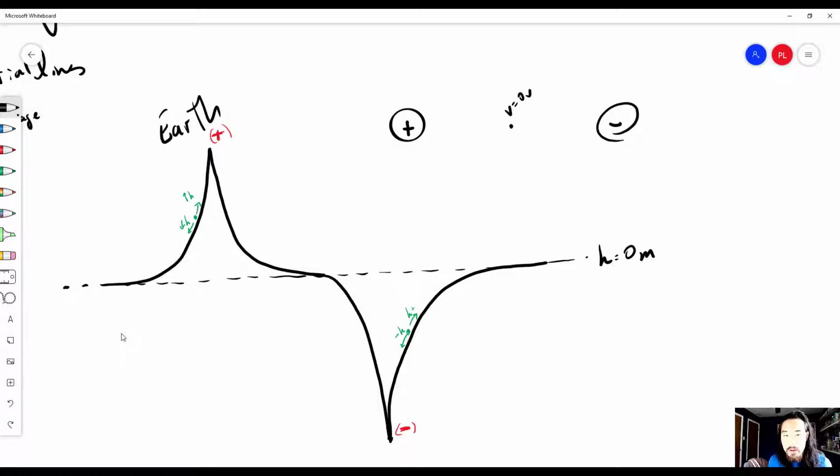So here we have a voltage of 0. If I go towards the positive charge, this is as if I'm going up the mountain. In fact, I will write that there. I'm going up the mountain. I'm going towards the higher voltage. Now, if I go from here to here, I'm going down into the valley. I'm getting closer and closer to this bottom pit.